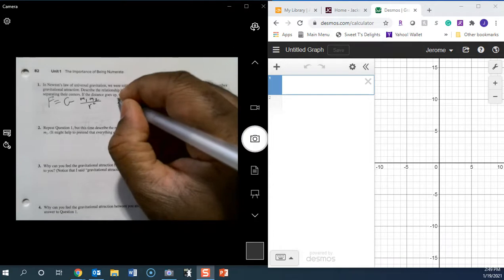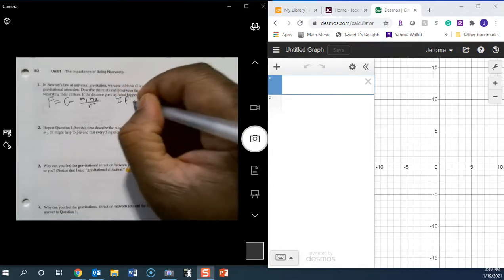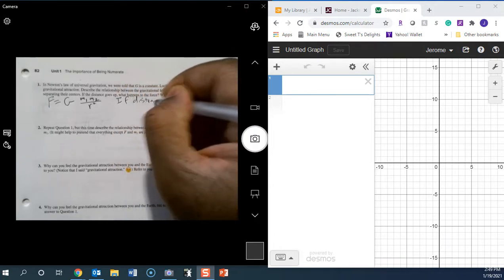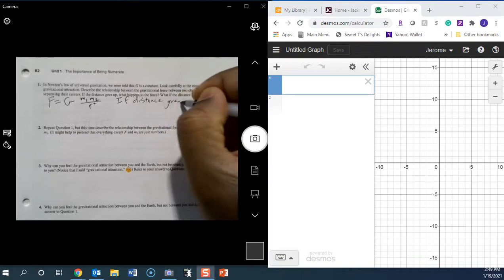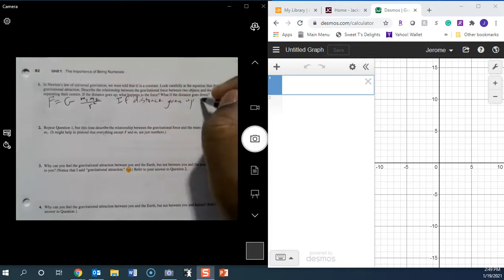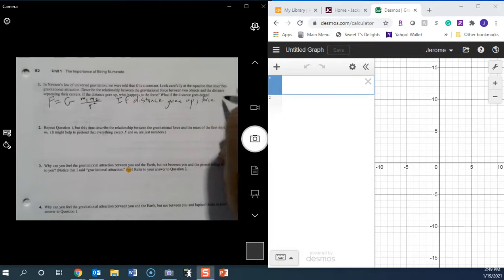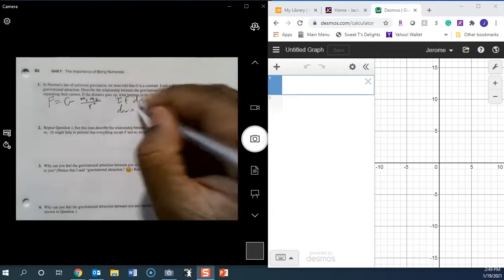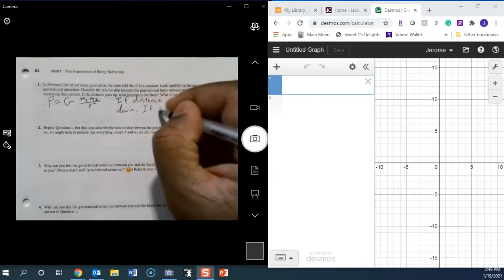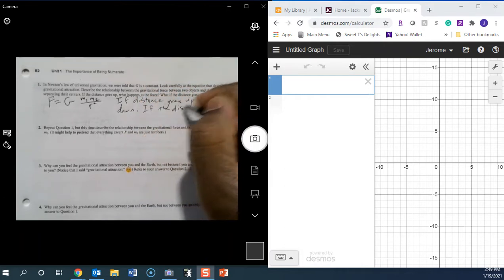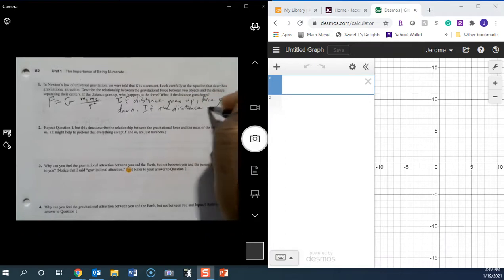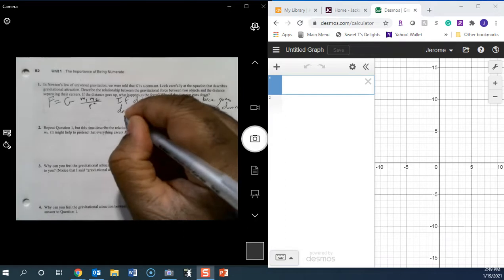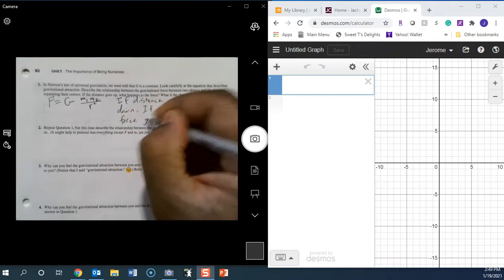Since the distance is in our denominator, if the distance goes up, force goes down. If the distance goes down, force goes up.